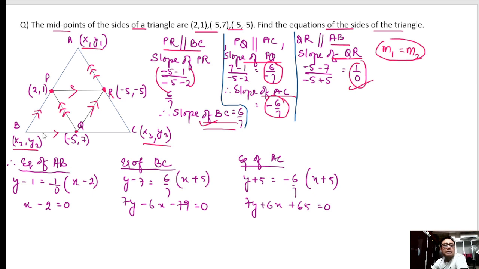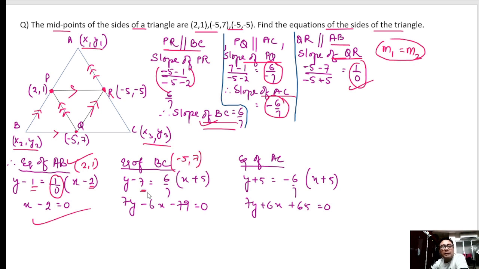Now let us find the equation of AB. So AB is passing through (2, 1). Using y minus y1 is m into x minus x1, solving it, this is the equation. BC passes through (-5, 7).